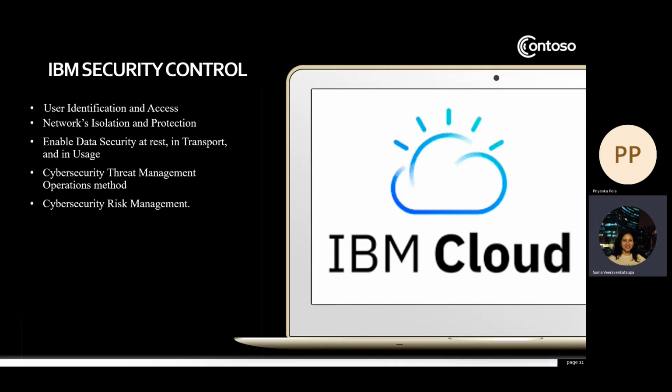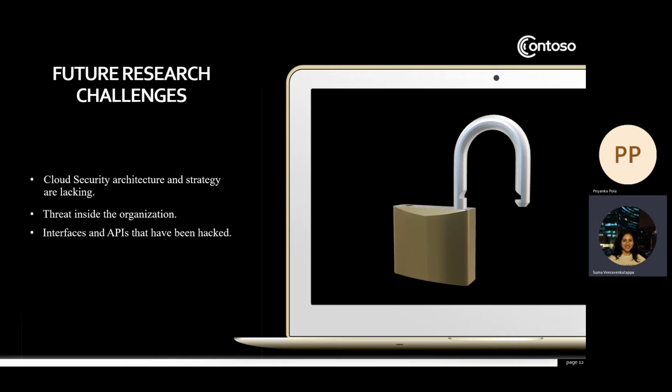That is, they have a separate team that manages the cybersecurity and keeps updating about the risk, like if the risk is medium or if it is highly impacting, something like that. So those were some of the popular security controls being used by different cloud service providers.